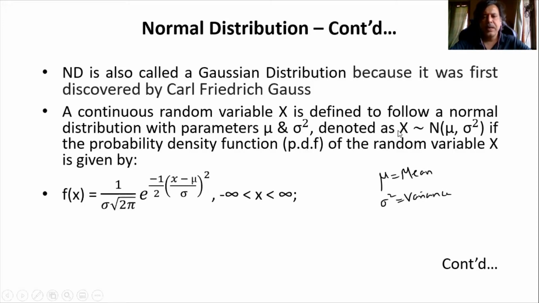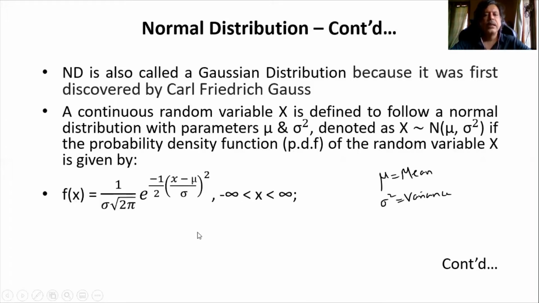We denote it by X follows normal with mean mu and variance sigma square if the PDF, or probability density function, of the random variable X is given by f of x is equal to 1 by sigma root 2 pi e to the power of minus half into x minus mu by sigma, the whole square. This entire thing is in the exponent.